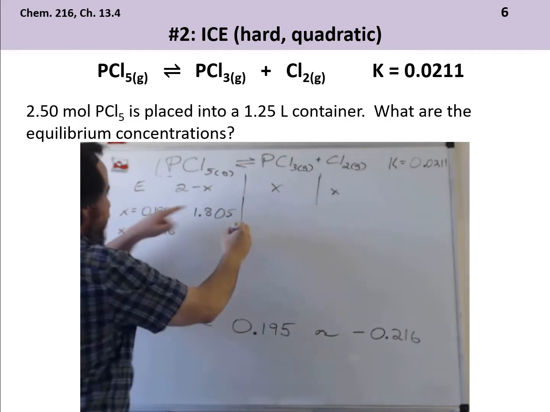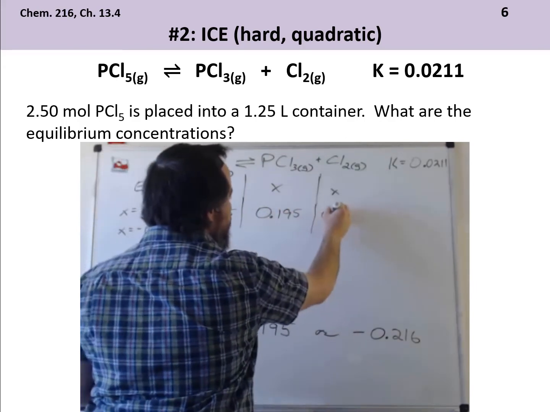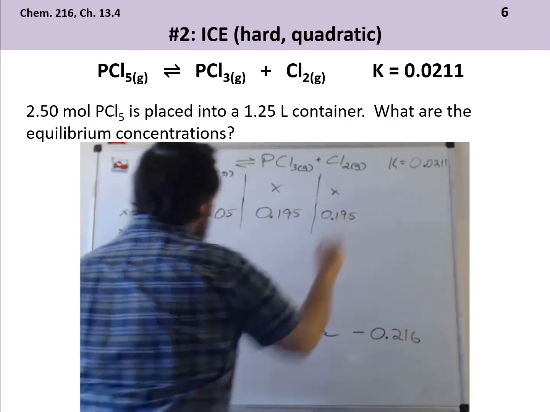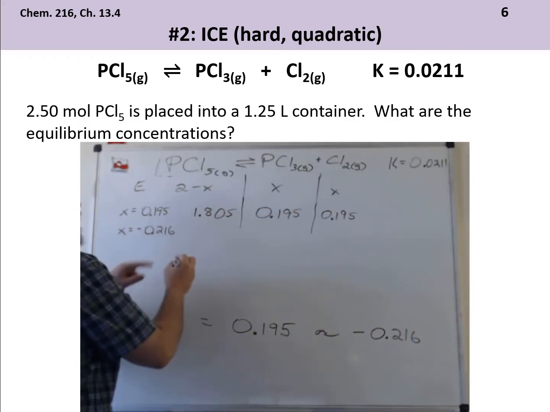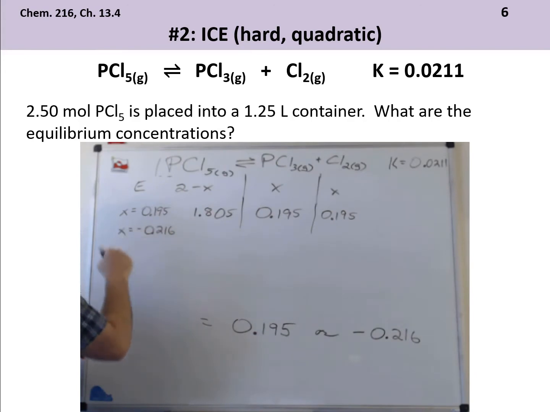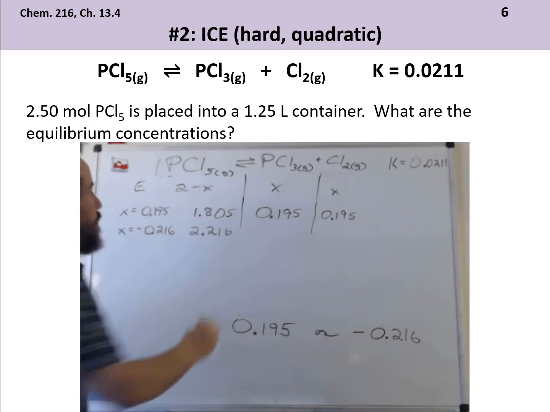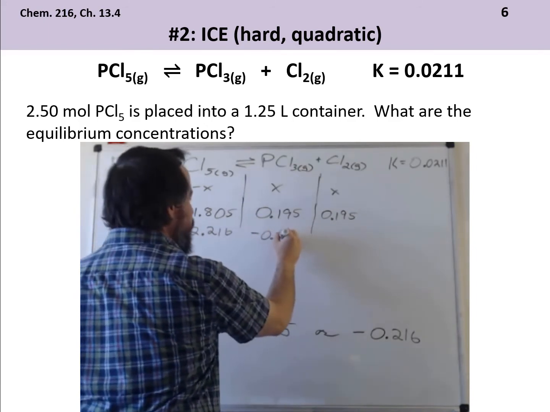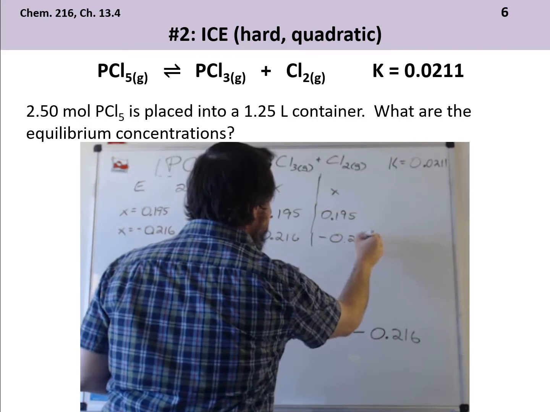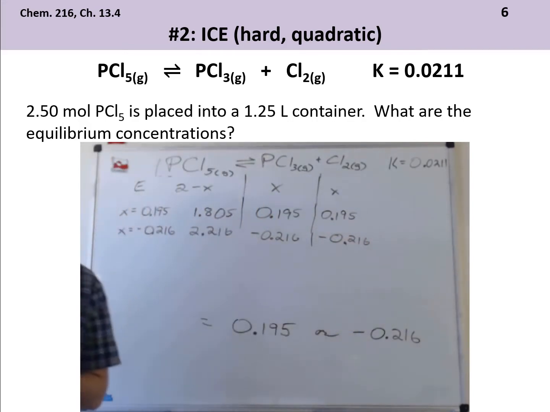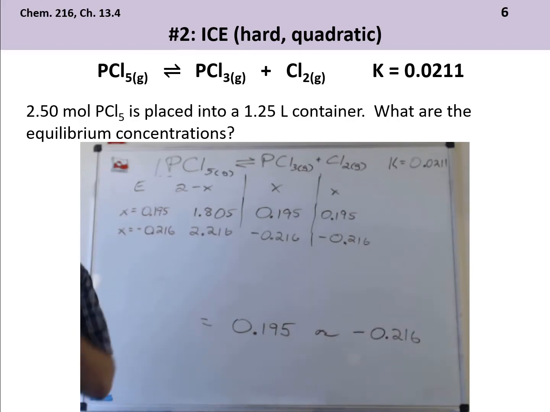This x would be 0.195, and this x would be 0.195. If x were equal to negative 0.216, 2 minus a minus will give me 2.216, and these would be negative 0.216.